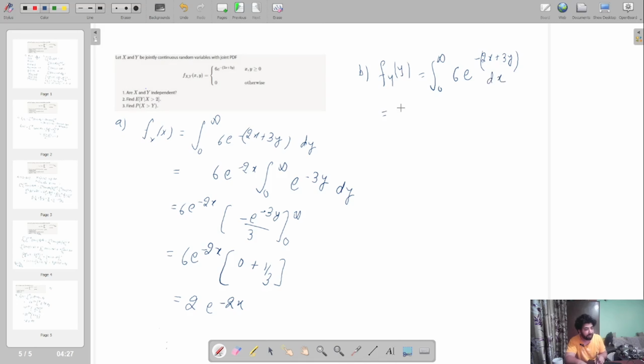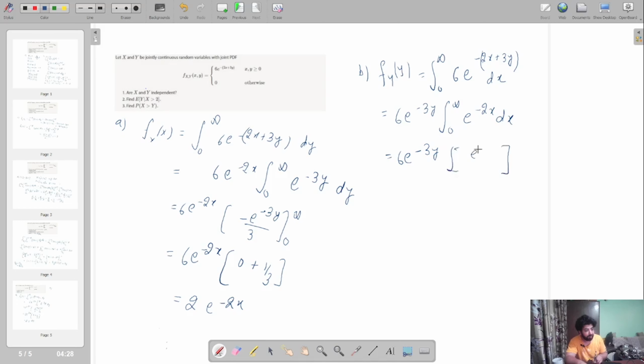So next I can write 6 e to the power minus 3y outside, and I'll write 0 to infinity, e raised to the power minus 2x dx. So I can write this as 6 e to the power minus 3y, and this will be your function.